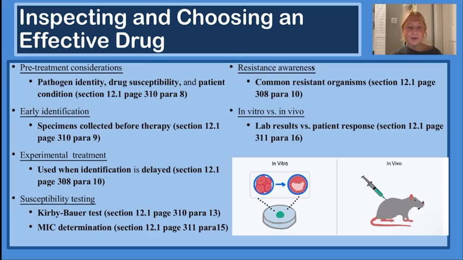Susceptibility testing helps guide the drug choice, particularly for organisms that are known to develop resistance, using methods like the Kirby-Bauer test or determining the minimum inhibitory concentration, or the MIC. These tests show which drugs inhibit growth in the lab, but clinicians must also monitor the patient because in vitro effectiveness does not always match in vivo outcomes.